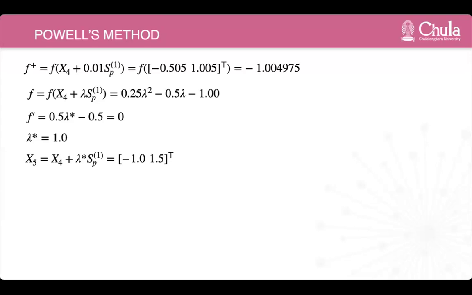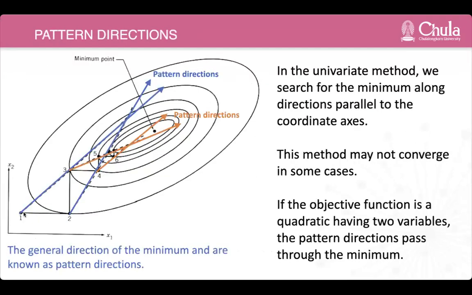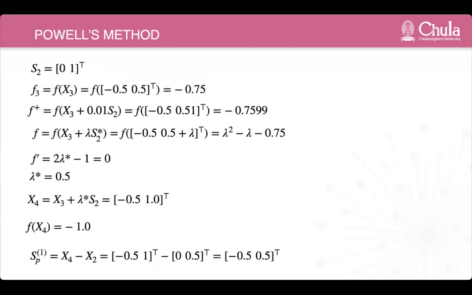We have to follow the univariate method first, and then once we have all the information to construct that vector, as I show here, this step is univariate, this step also univariate, this step also univariate. But once you obtain this point, for the next one you can apply this direction, and for the next point you can apply this direction.